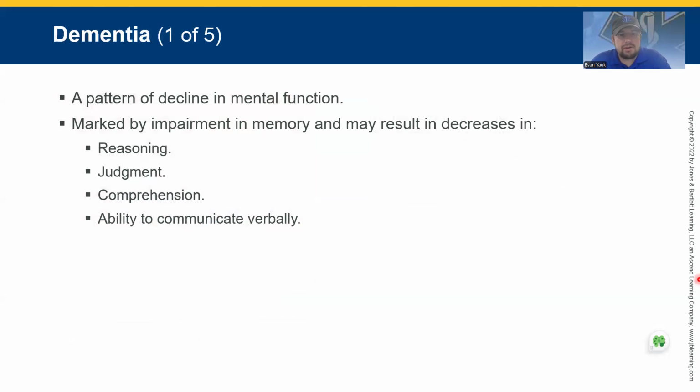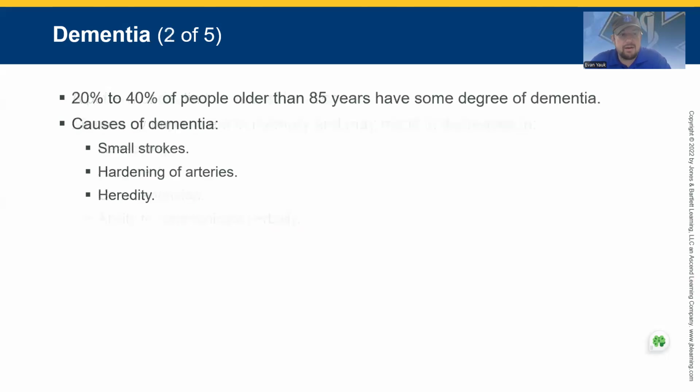Pattern of decline in mental function. So dementia, sorry, is a pattern of decline in mental function marked by impairment in memory and may result in a decrease in reasoning, judgment, comprehension, and ability to communicate verbally. 20 to 40% of people older than 85 have some form of dementia.